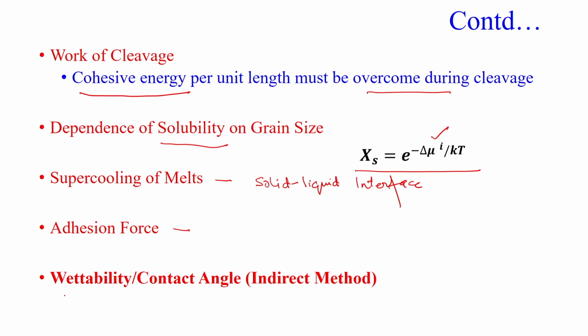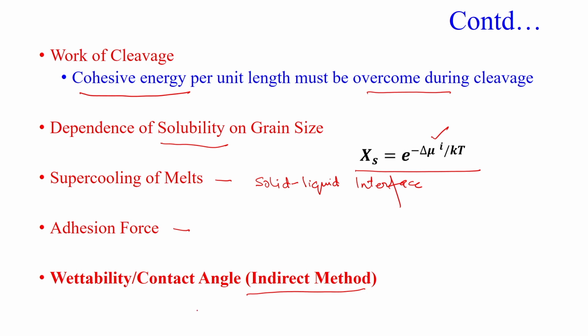And the important method which we usually follow is that you measure the wettability or the contact angle on the surface and try to correlate it with the surface energy using the Young's equation and Dupre equation. So, this is, you can say, an indirect method, because we are calculating the surface energy by measuring the contact angle data.